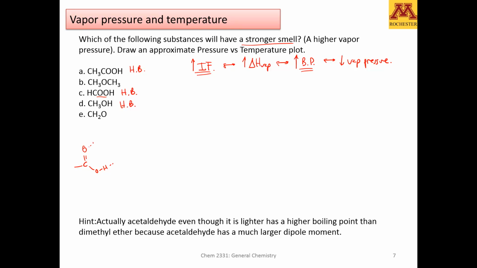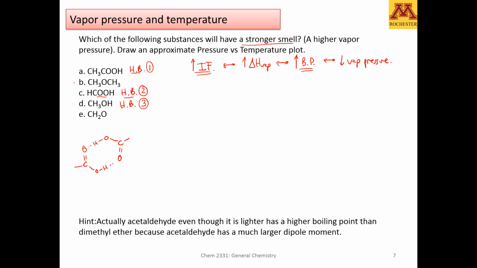Here, I'm going to draw two carboxylic acids so that you can see that carboxylic acids will form double hydrogen bonds. They are stronger, so these two for sure will be the strongest of the hydrogen bonds. Which one? Well, in this case, this is heavier than this one, so this will be number 1 and number 2. This is a regular hydrogen bond, methanol, so it's not double like a carboxylic acid.